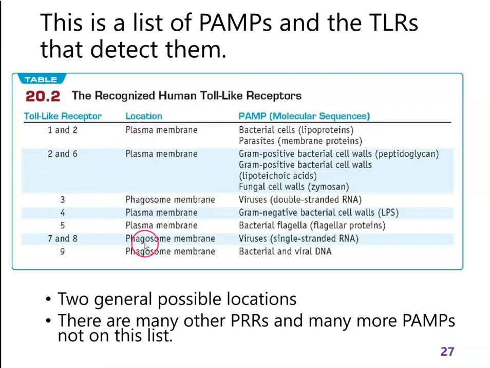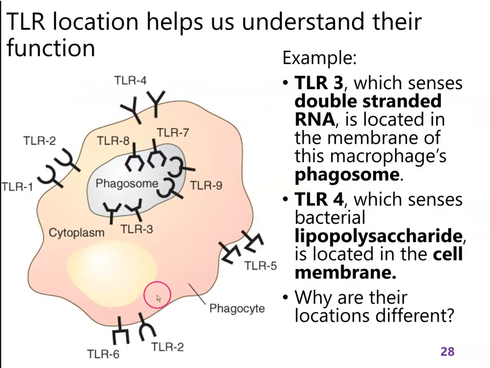Look at the locations here. Some of them are on the plasma membrane, and some of them are on the phagosome membrane. So what does that mean? Well, let's look at a diagram. This is an ugly diagram of a macrophage or something with a phagosome in it. So it has eaten something, which is now in this phagosome. And the toll-like receptors are just drawn as these black shapes.